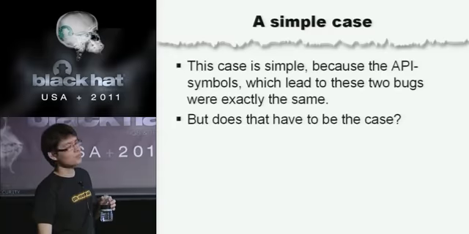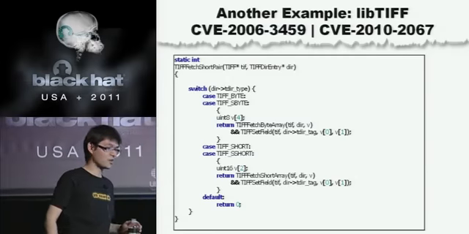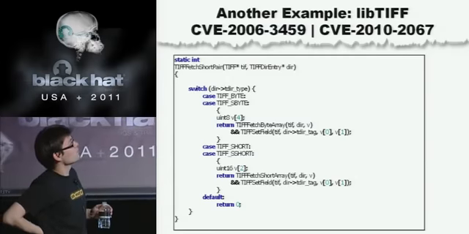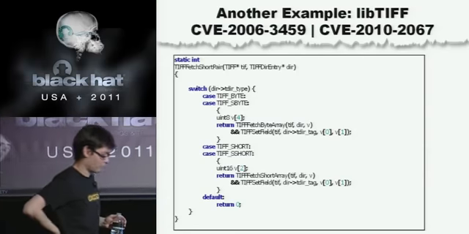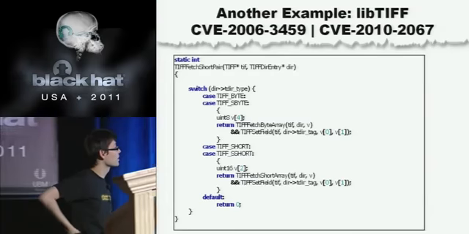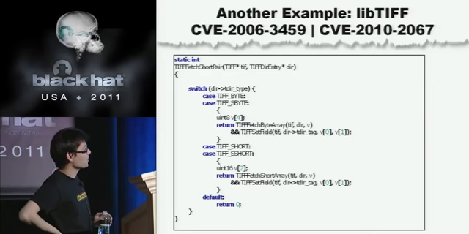But does it have to be that easy? This second bug shows that that doesn't have to be the case. This was a bug in libtiff. What you see here is you have the buffer v and a call to TIFFFetchByteArray.